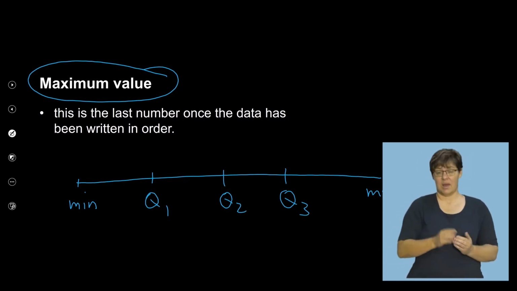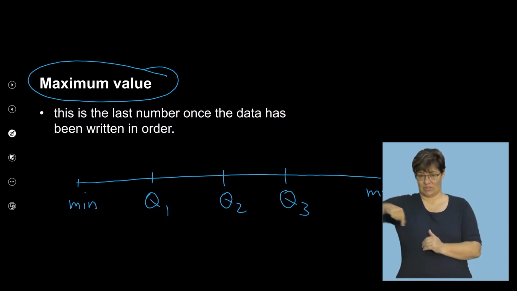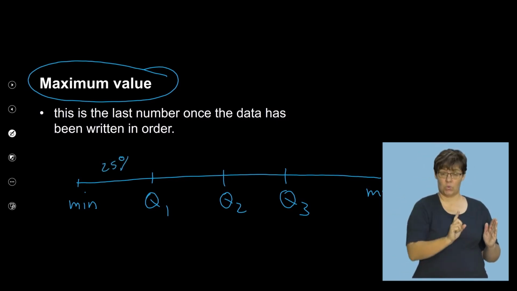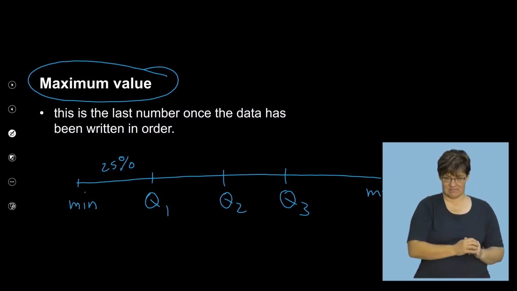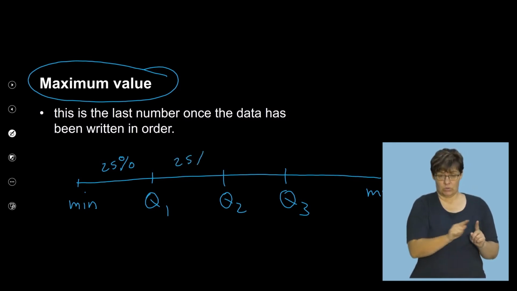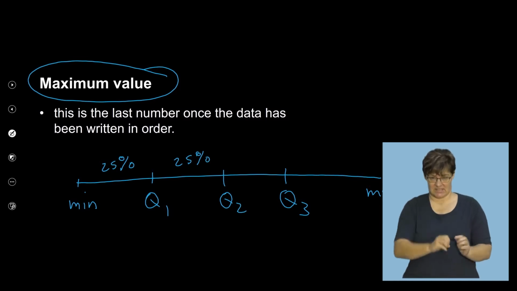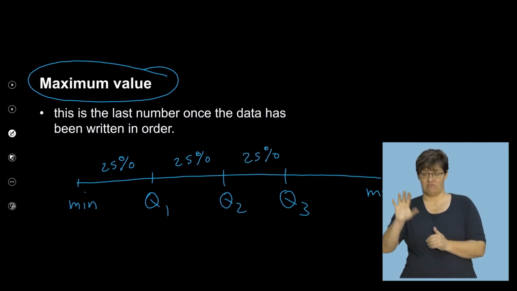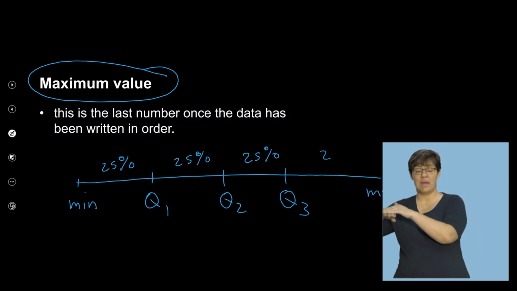If you look at this, from minimum to Q1 is 25% of data. From Q1 to Q2 is 25%. From Q2 to Q3, another 25%. And Q3 to maximum, another 25%.